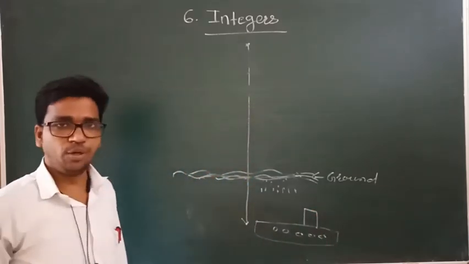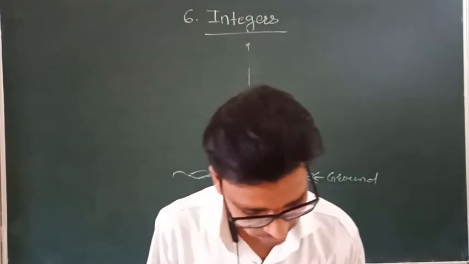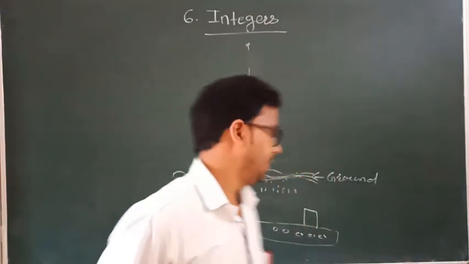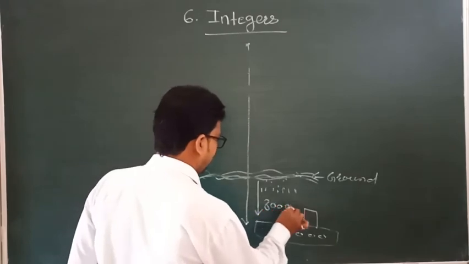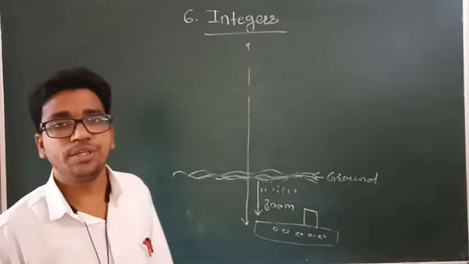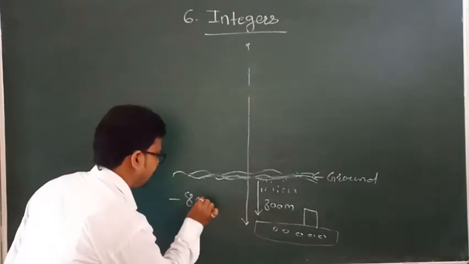How much? It is 800 meter below the sea level. So which sign do we have to put here? We put negative 800.